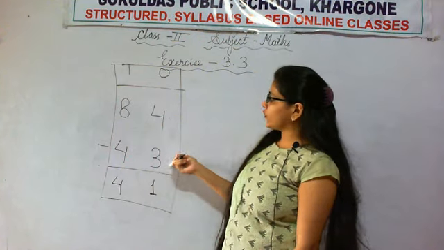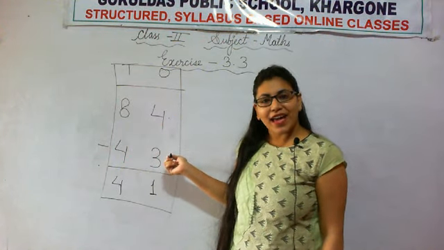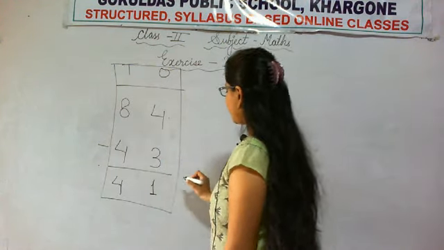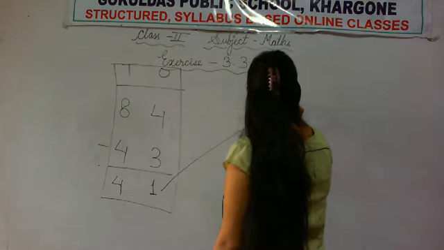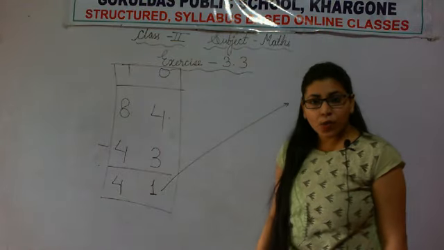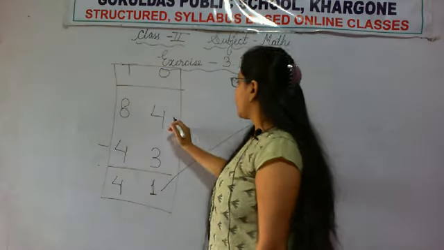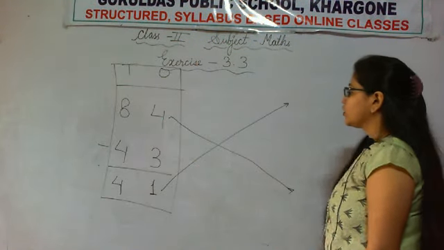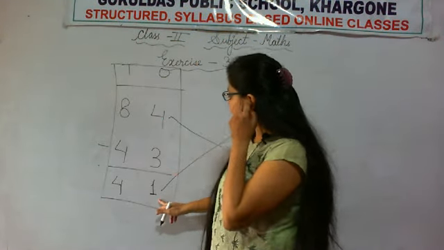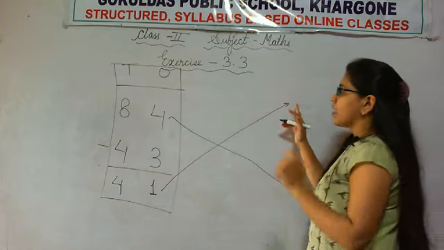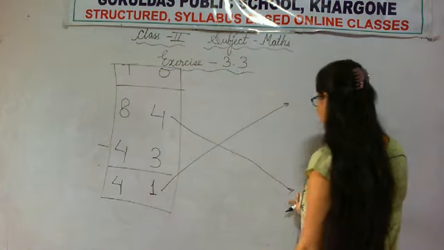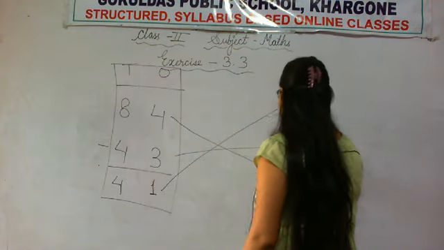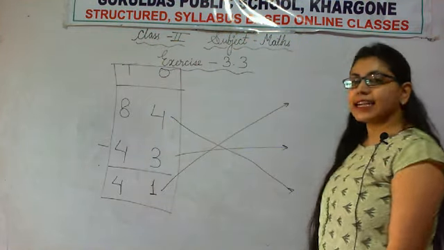Minuend. And the smaller number? Subtrahend. And this is our difference. For checking, the difference will become the first term, the minuend will be written in the place of the answer, and the subtrahend will be written here as it is.